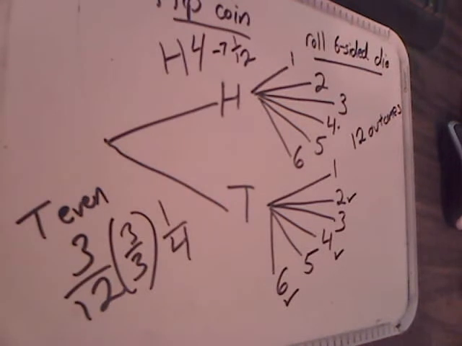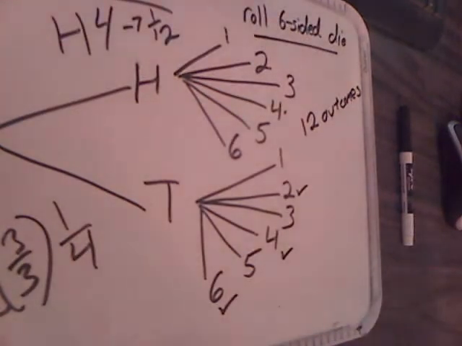And don't forget that you can reduce that to 1/4. Now you might be wondering, how can I see all of the different outcomes, but I don't want to use the tree in my final answer? Off to the side, I'm going to write out all of the different outcomes in this red marker.